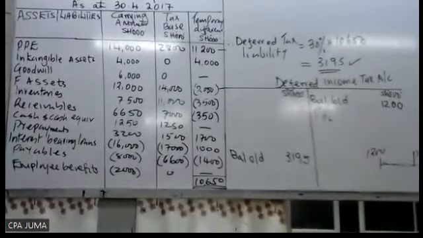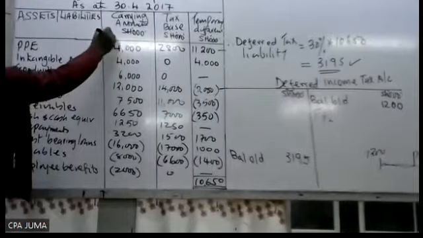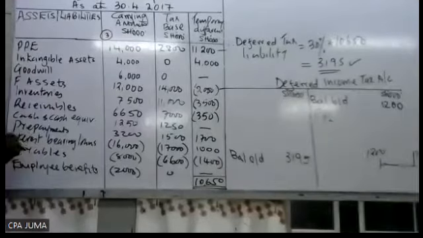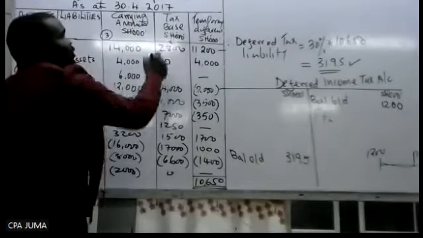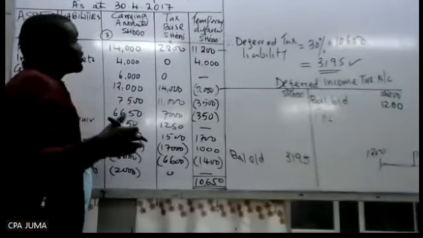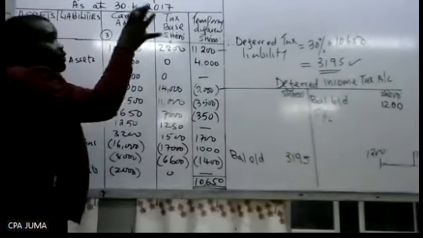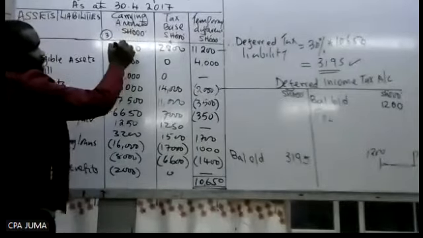So what they are saying, inside this 14, there is a revaluation of how much? 3. But the tax man does not care about revaluation. So here is another cost. What was the cost? How much did we allow? So here there is 3.